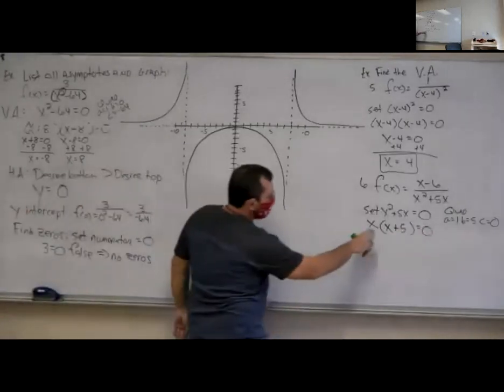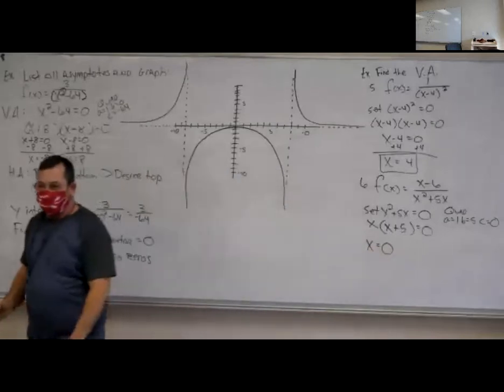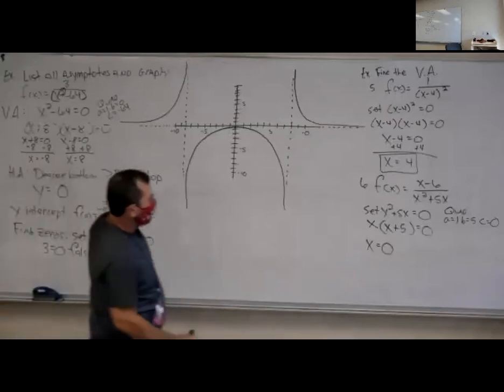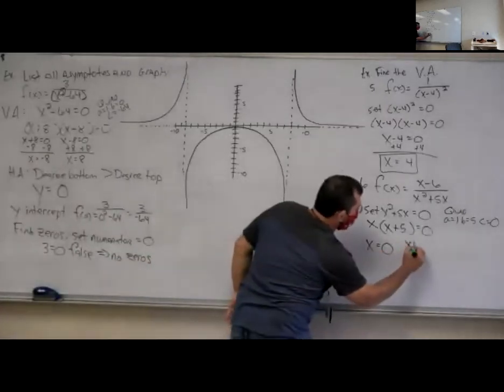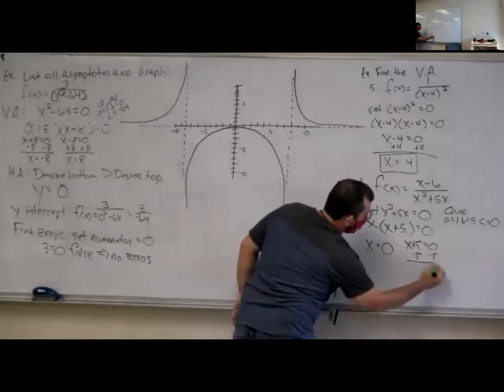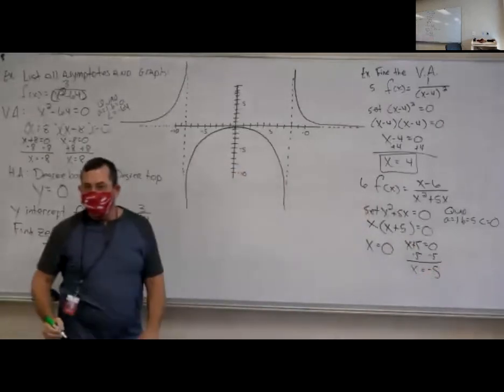So watch this. Set this one equal to 0. Well, that was done. Y'all, a GCF, if it's the variable and you factor it out, 100% it's going to give you a 0. And then we said x plus 5 equals 0. Subtract 5 on that one and get x is negative 5.